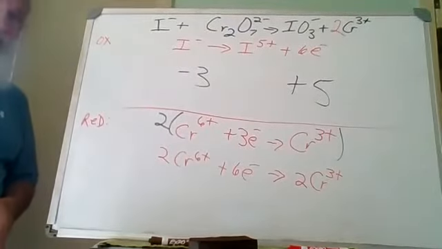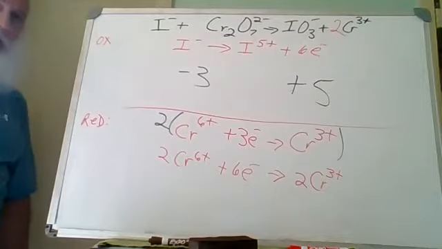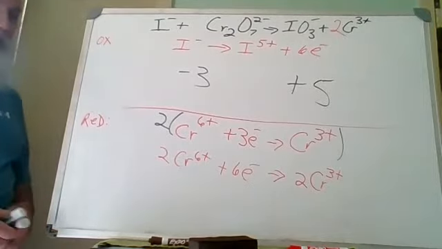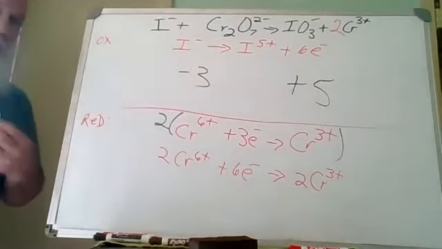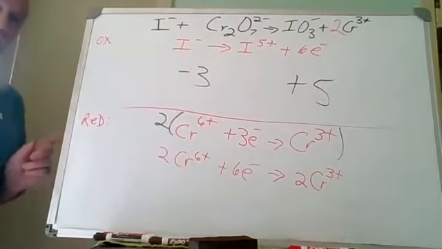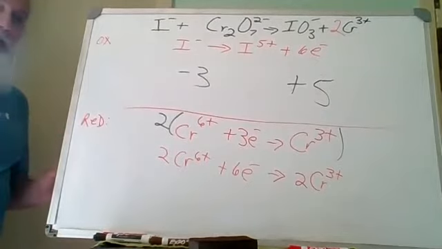Electrical charge has to be conserved in every chemical reaction, or every chemical equation, right? And it is not. Now, how are we going to balance that? Well, this reaction is being done in acidic media.